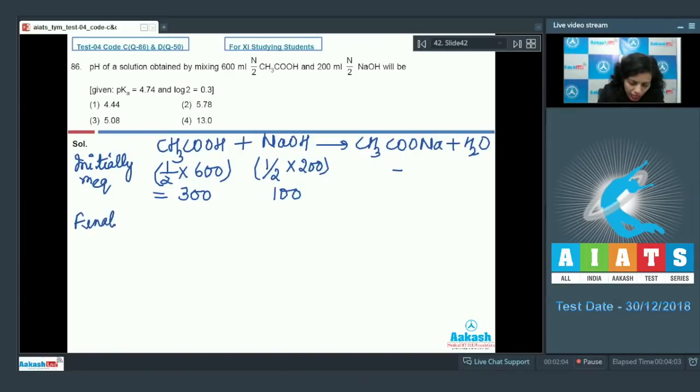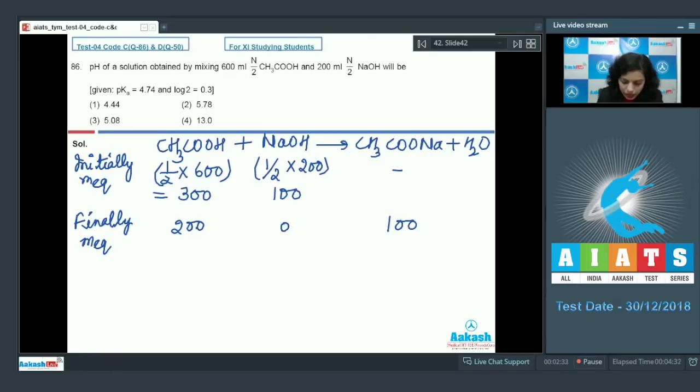Finally, when the reaction occurs, neutralization takes place. 100 milli equivalents of NaOH will be neutralized by 100 milli equivalents of acetic acid. So there remain 200 milli equivalents of acetic acid, and the formed milli equivalents of sodium acetate would be 100.